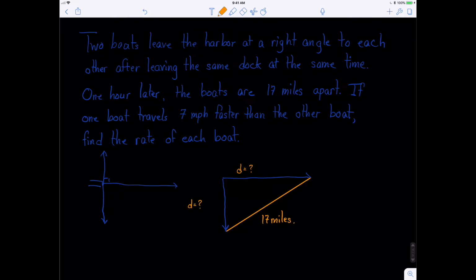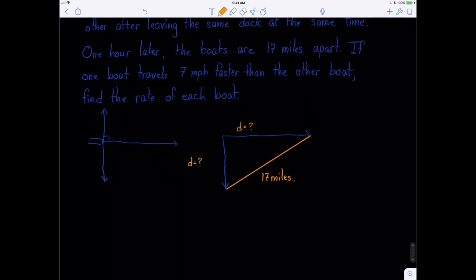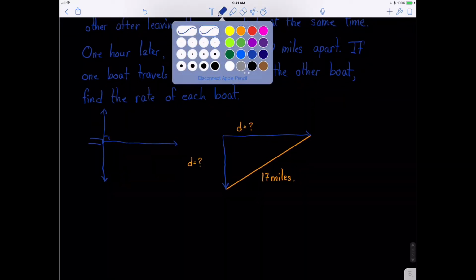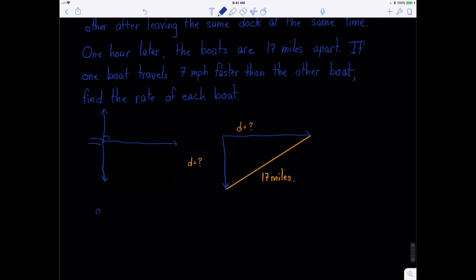Okay, so now let's go back and recall. Remember, in an earlier video, we talked about the distance being the rate at which you're traveling times the amount of time for which you travel. So in this problem, we have one boat at some speed and another boat at 7 miles an hour faster than that.